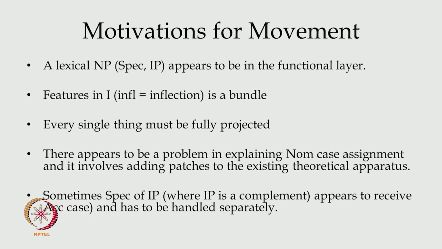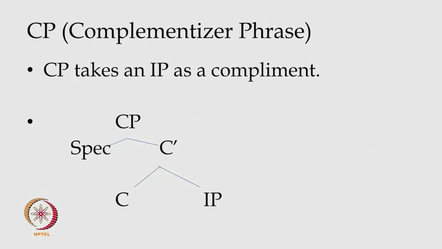Okay? Then we bring in a notion of CP, which is a complementizer phrase, and we have looked at the composition of CP. That is, what does a CP look like? Okay?